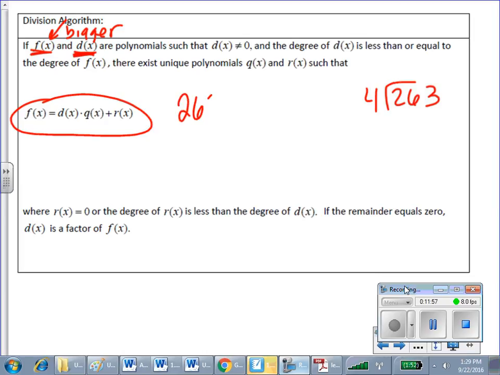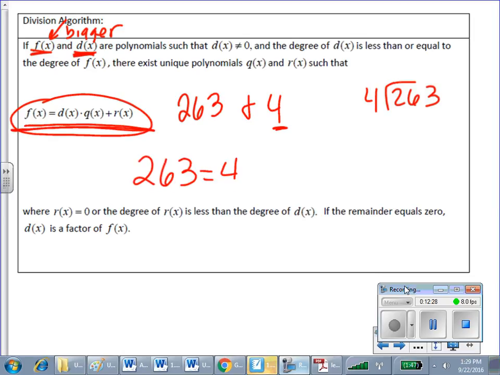If 263 and 4 are polynomials such that 4 is not 0, which it's not, and the degree of this is less than or equal to this, well, there's no degrees necessarily here, but this number is smaller than that one, then there exist unique polynomials q of x and r of x such that this is true. Well, we found that 263 is equal to 4 times 65 plus 3/4.